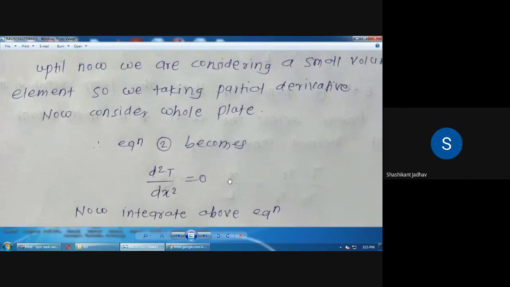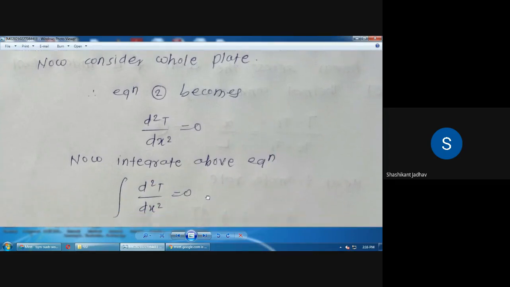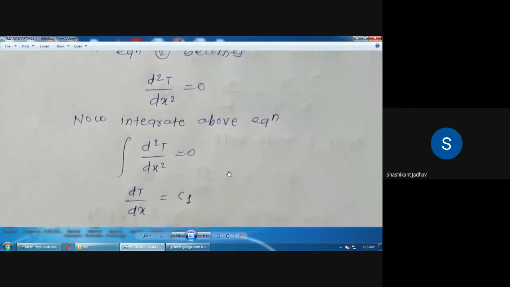Here d square t upon dx square is there, one derivative is cancelled, so dt by dx is equal to a constant, and that constant we consider as c1. So write down dt by dx is equal to c1.